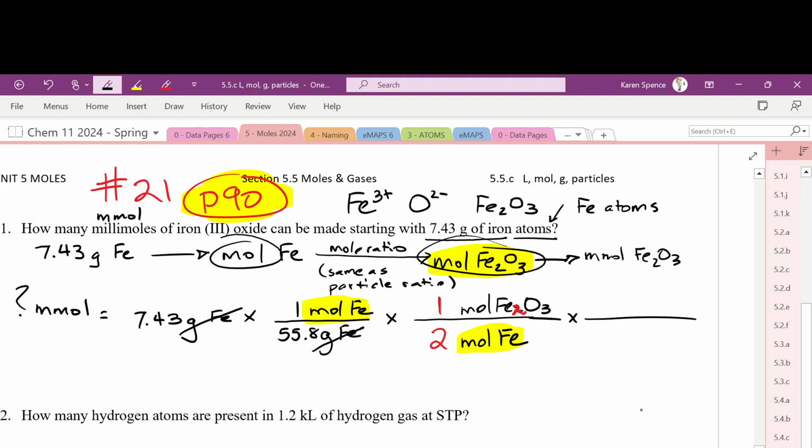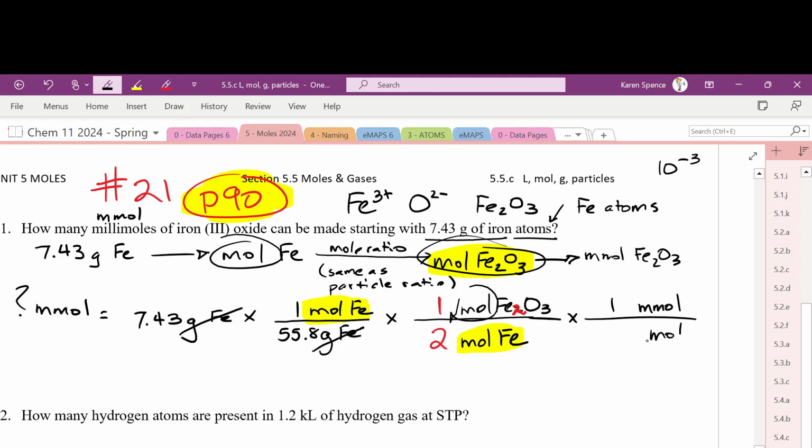And then millimoles, we want to cancel the moles and find the millimoles. Now, milli is 10 to the negative 3. And remember, if you're changing prefixes, though, the one goes with the prefix, unless it is molar.